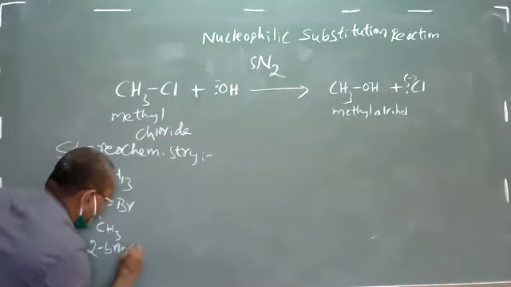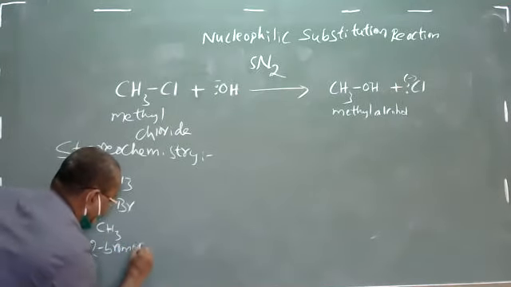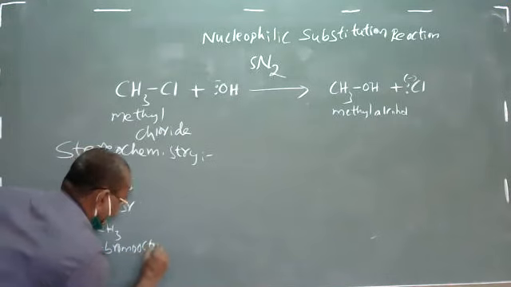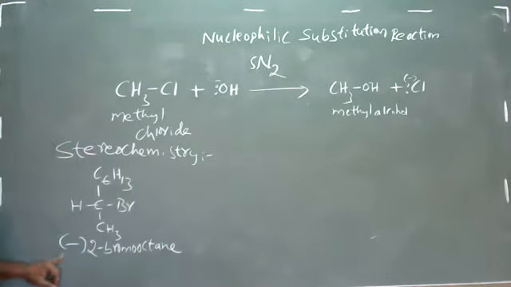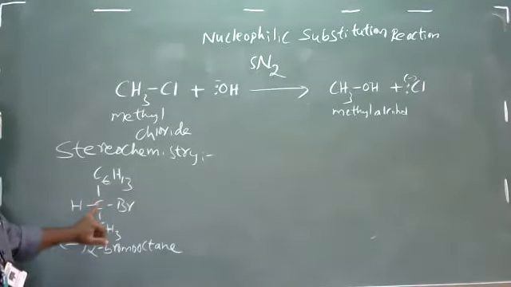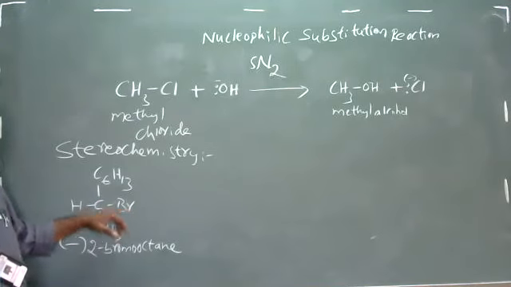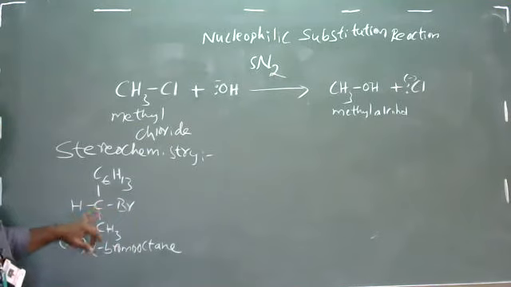2-bromo-octane, which is levorotatory, that is minus sign. This levorotatory form of 2-bromo-octane, where the bromine is on the right side, is attached to the chiral carbon.